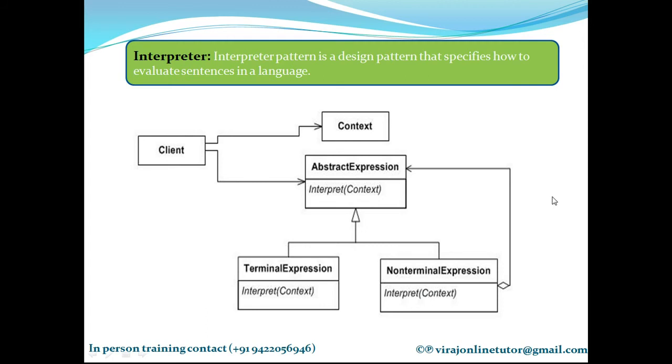It's a group of terminals and non-terminals. So terminal is an entity which cannot be broken down further, just like a leaf node in a tree. A non-terminal expression is an expression which is made up of a set of terminals and non-terminals. That's why it is aggregated. It's an aggregation of abstract expressions which in turn can be terminal or non-terminal.